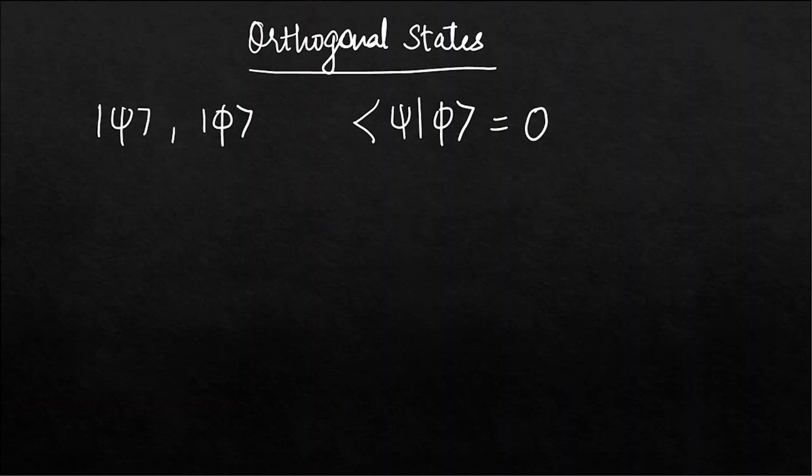So the scalar product becomes 0. So we can say if the scalar product of two states comes out to be 0, then these two states are orthogonal.